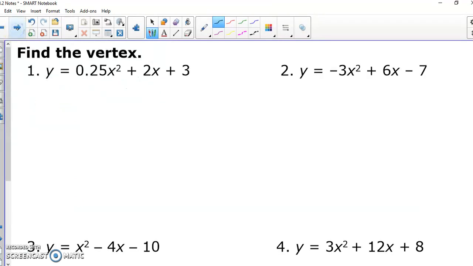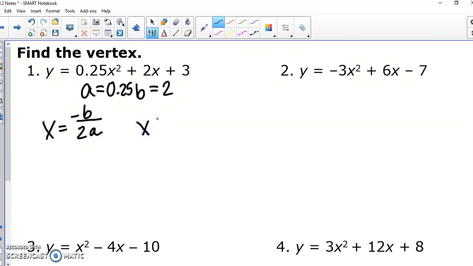On these, we're going to start by finding our axis of symmetry, because that'll give us our x value. First of all, I need to know my a and b values. So a is 0.25 and b is 2. Then I can plug that into my equation, which is -b over 2a.